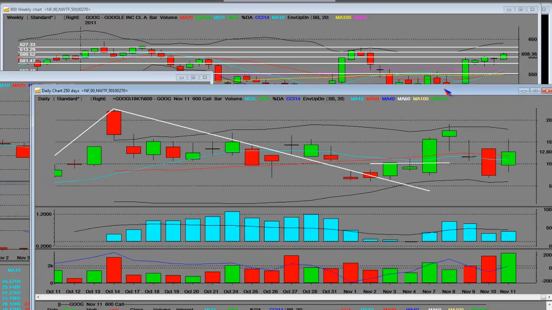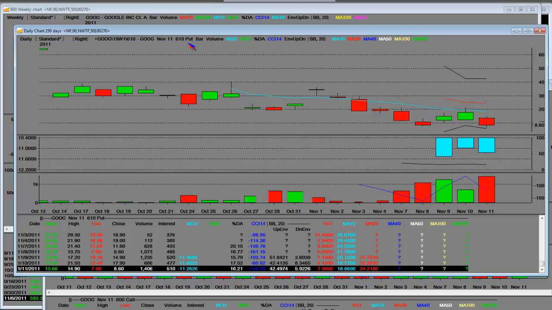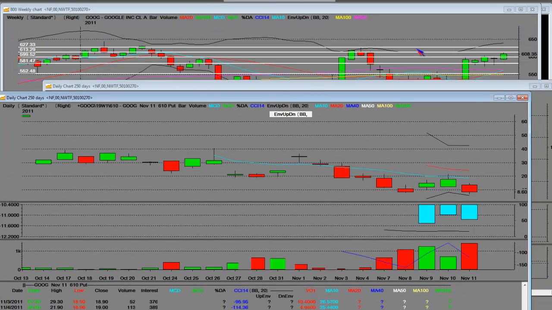And we will be monitoring both sides of the market for pullbacks in Google. The 610 put, they marked the premium down. It's cheap down here. It can get cheaper, but it's cheap down here to hedge the other side using the SMF risk management skills with the risk management plan and everything that follows thereafter, and trading the bellwether Google on this bellwether Google bull trend that you see right here.